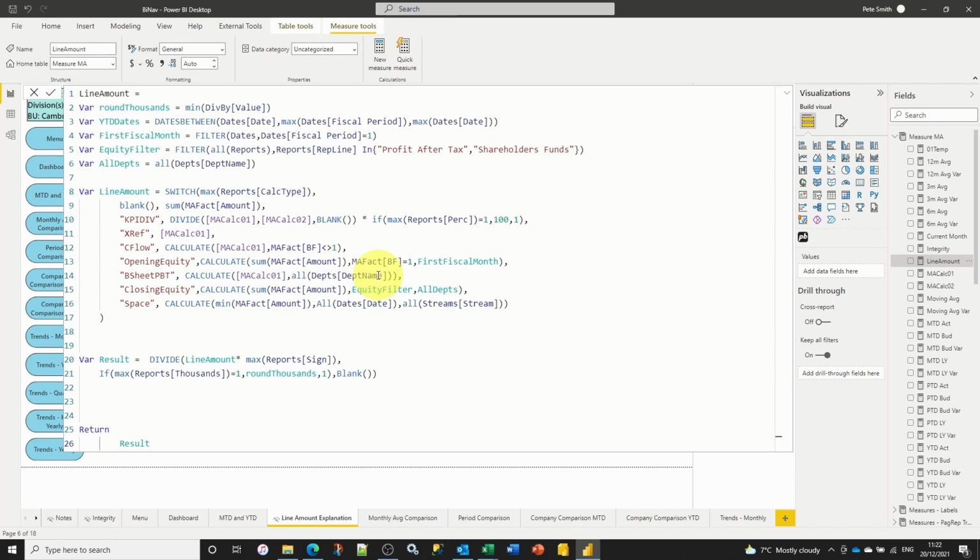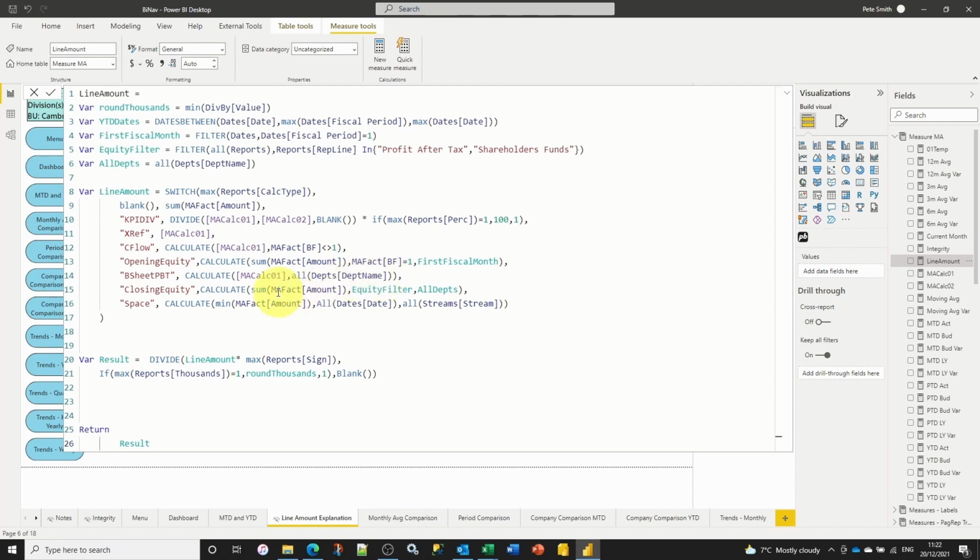It might be the case when you're a user here that you've got just 1 or 2 departments filtered and not all of them, which is fine, but when you look at the balance sheet, it would then be out of balance. So by putting all departments in here, if you filtered down on 1 or 2 instead of all departments, then the formula here will ignore that.